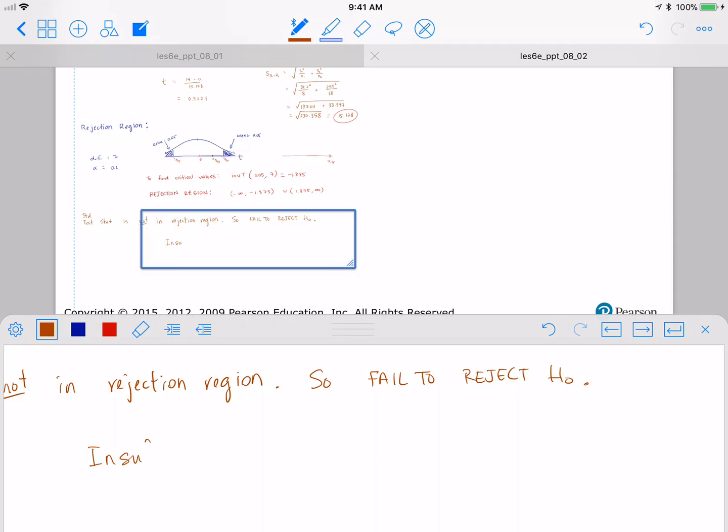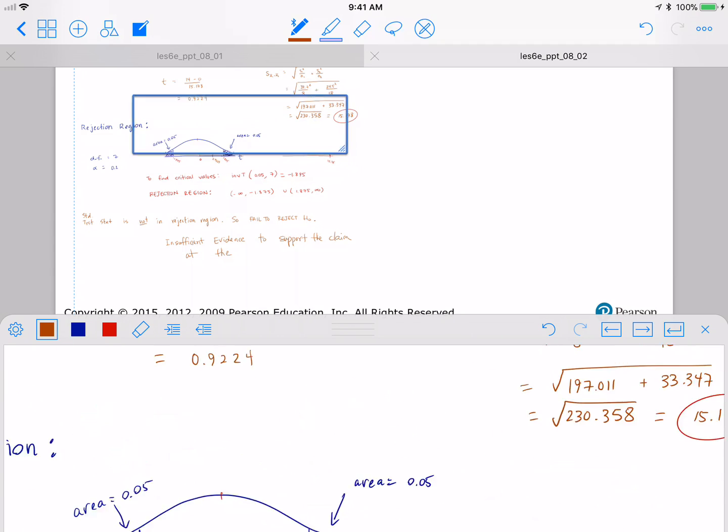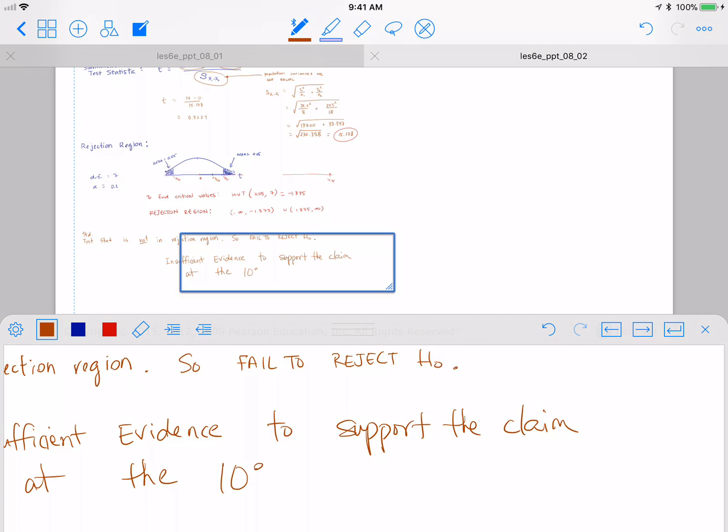Insufficient evidence to support the claim. And this is at the, what was alpha? Alpha was 10%, so at the 10% significance level.